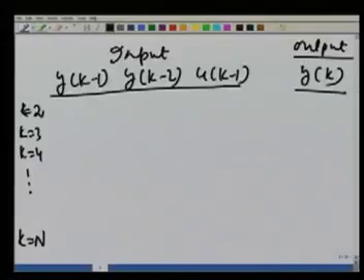So, what I am doing? I generate some random input, and correspondingly I have some initial values of y k minus 1, some initial values of y k minus 2.